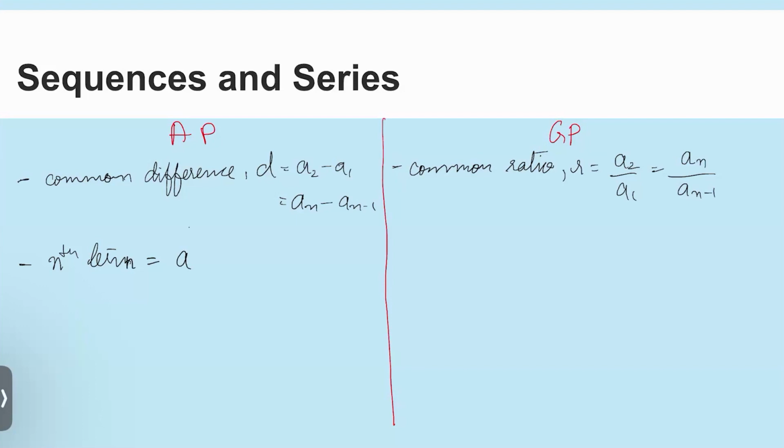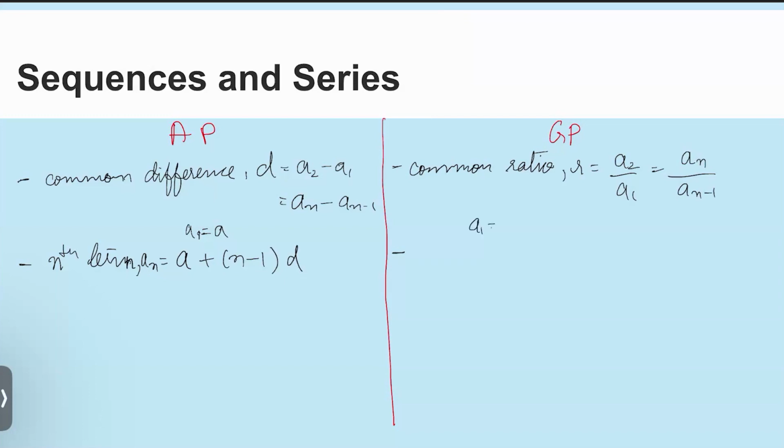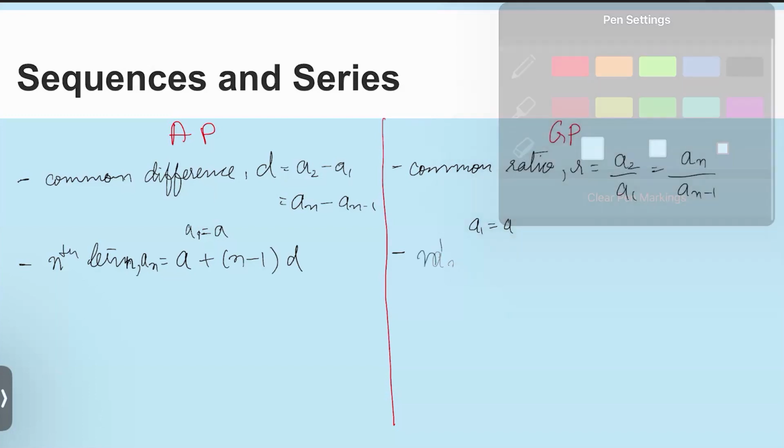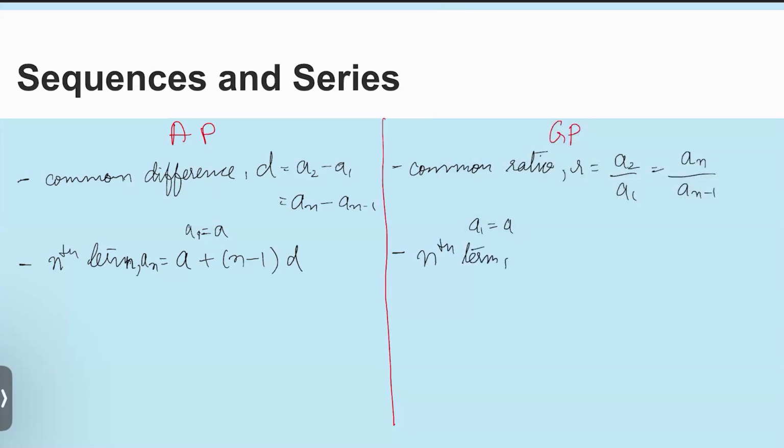Suppose your first term A1 is equal to A. The nth term An is equal to A plus n minus 1 times B. With respect to your GP, if your A1 is equal to A, your nth term An will be given as A R, that is the common ratio, raised to n minus 1.